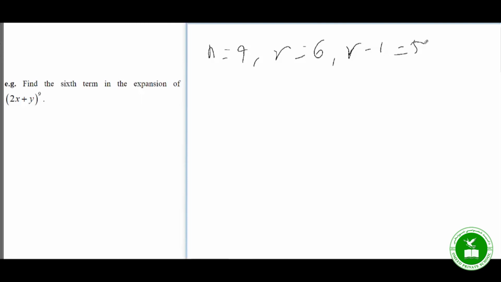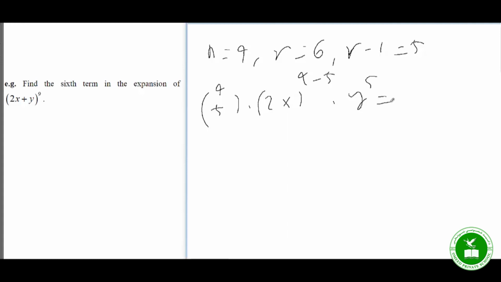What was the formula? Remember it, combination of 5 from 9, times 2x, the first term is 2x in binomial, to the power of 9 minus 5 times the y to the power of 5.